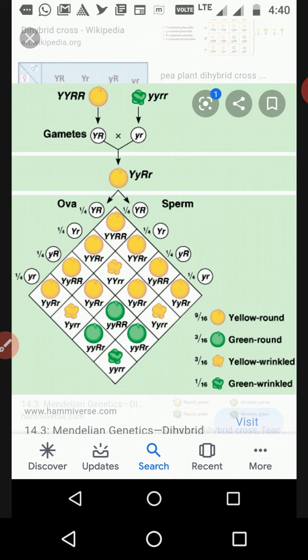Clear? Now in the third row, again we take the female side, the third combination, small y, capital R. From here to here, small y, capital R. And now we can take from the pollen grain side capital Y and capital R. So here is the combination: capital Y, small r, capital R, capital Y.